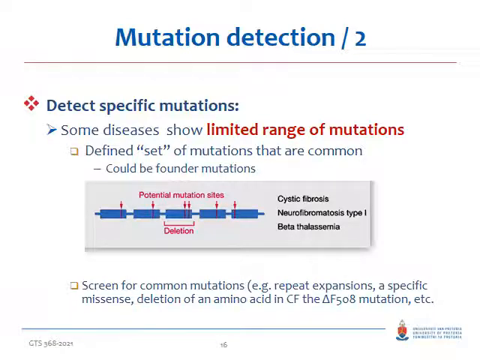In diagnostic testing for cystic fibrosis, we will screen for 30 common mutations where there are potentially more than 1,000 mutations described. Most of the individuals will, however, have one of the common mutations, such as the delta F508 mutation.